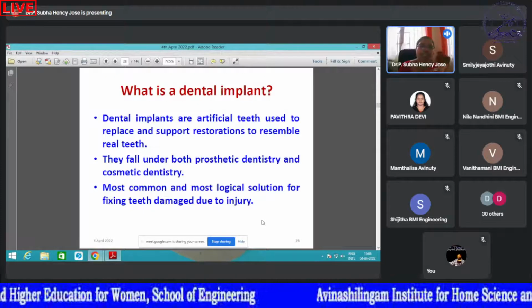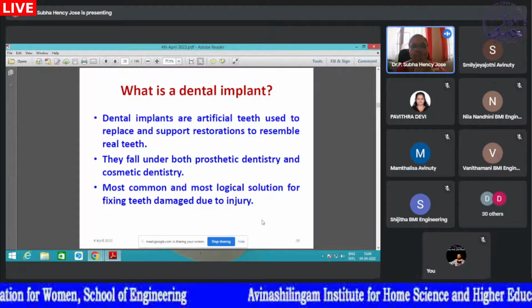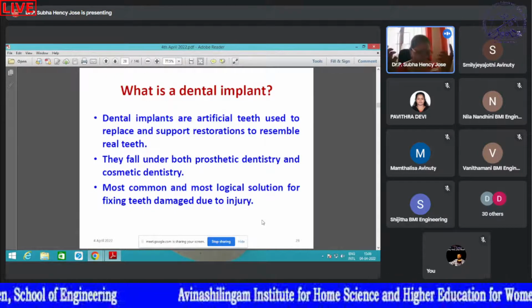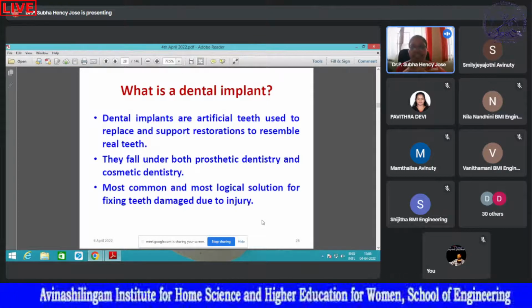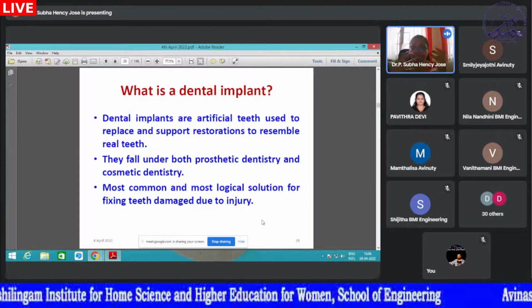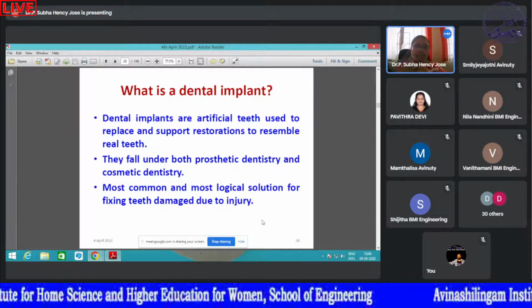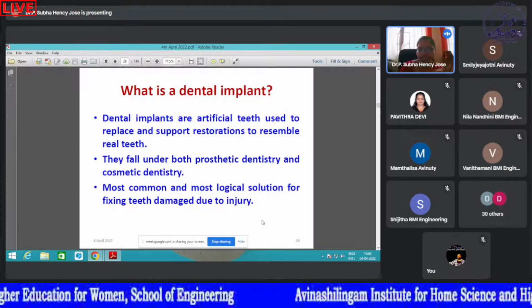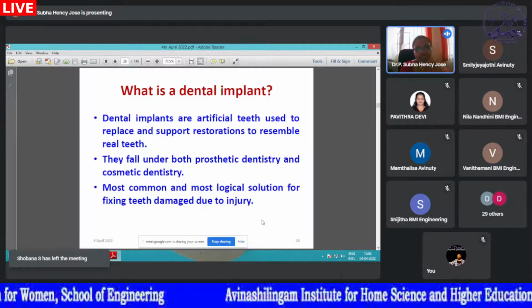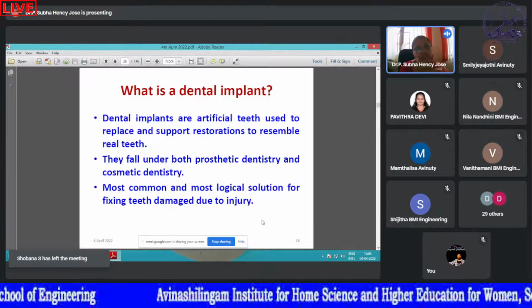I can say that one of my scholars recently met with an accident, and her face is totally disfigured, and her teeth are also totally destroyed. So in that case she has to get all these implants. She was sharing her experience, and she also had many fractures on the face.